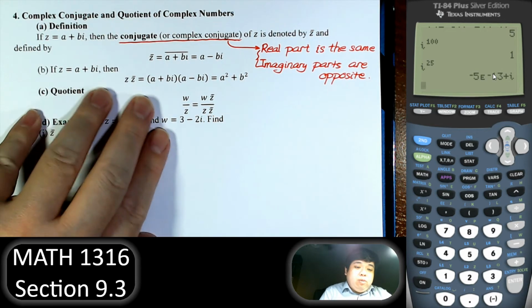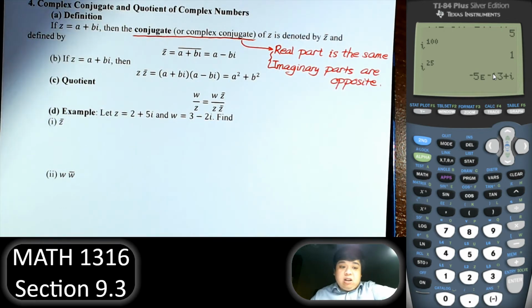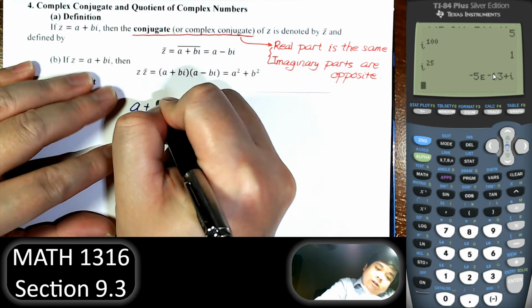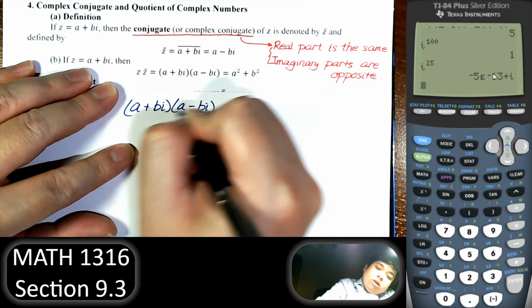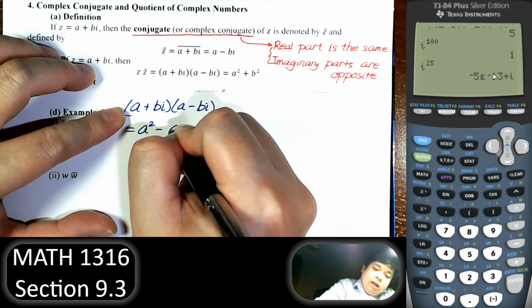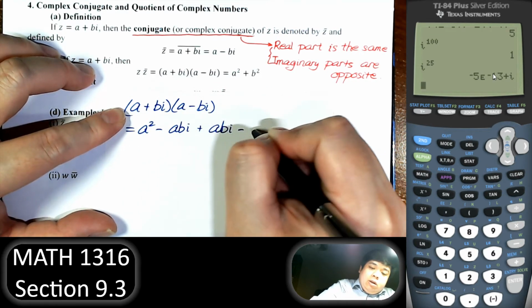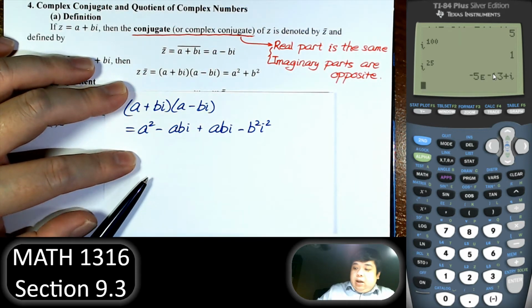Now when we multiply them out, I'll write that out and combine like terms, and we'll see what happens. So a plus bi times a minus bi, multiplied out: a times a is a squared, minus abi, plus abi, minus b squared i squared.